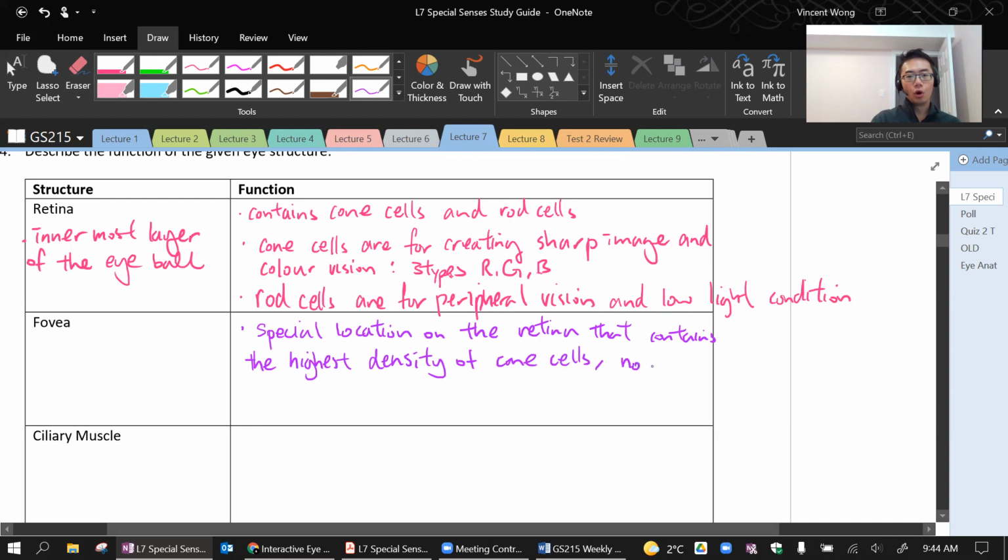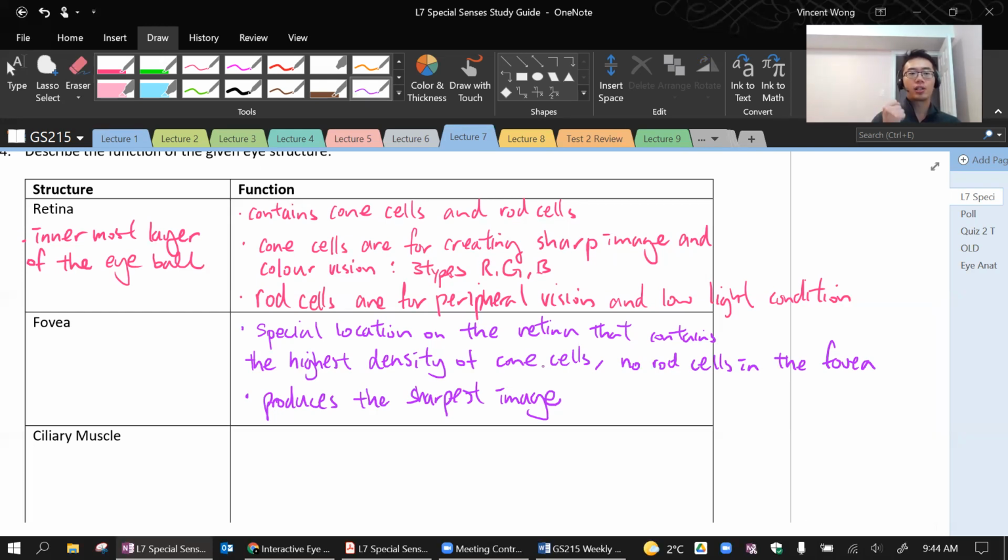No rod cells in the fovea. It produces the sharpest image. Remember, whatever you are looking at in that moment, the thing that you're focusing on, that's the thing that's going to go on your fovea.